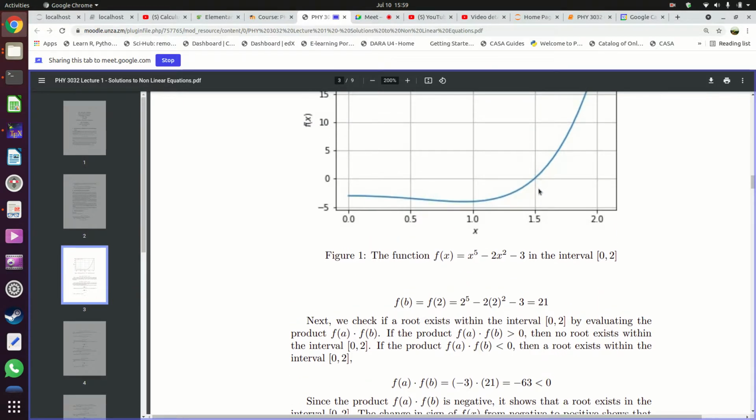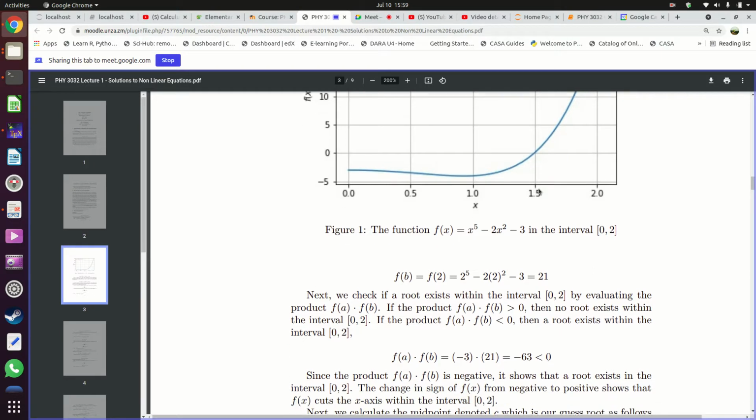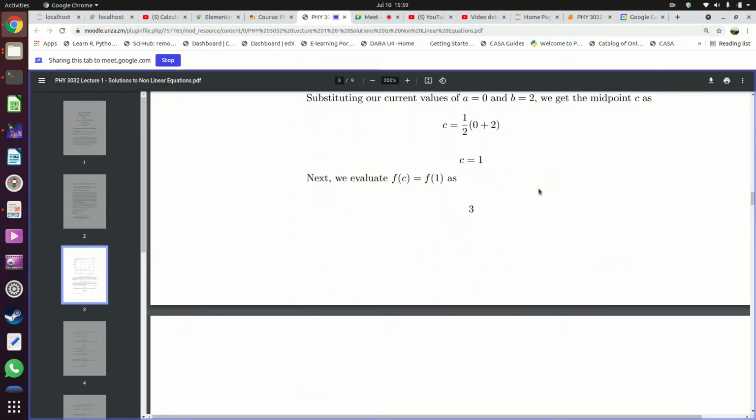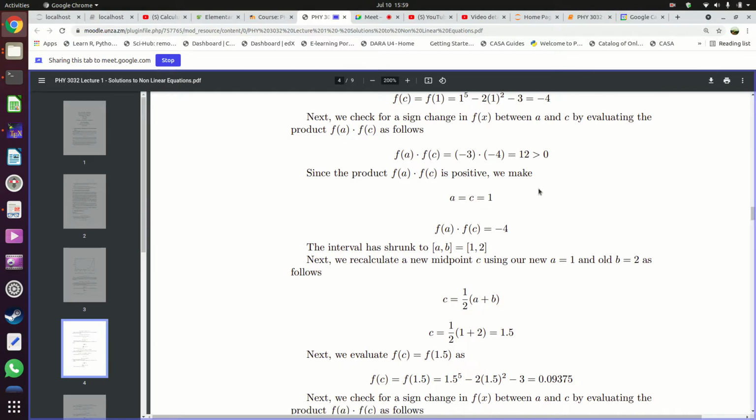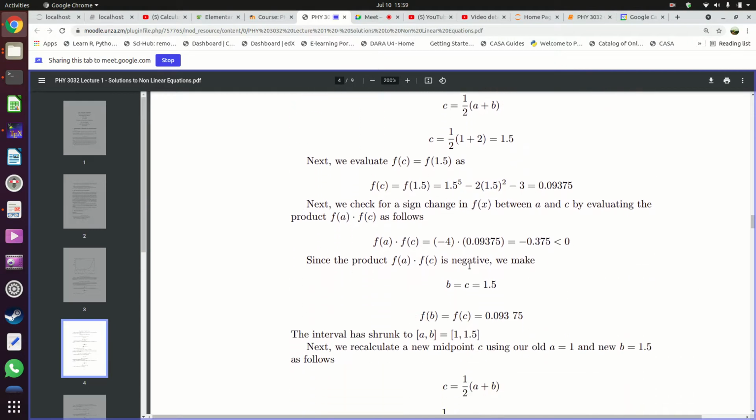Is that clear? Yes. So after we do that, this is what we end up with. Since the product f(A) times f(C) is negative, the negative sign shows that between A and C there is an answer.